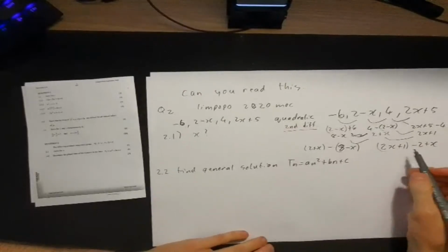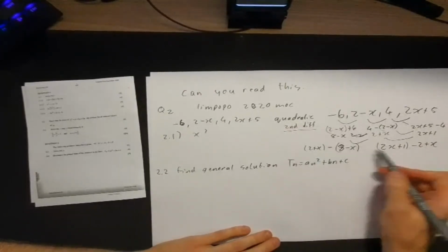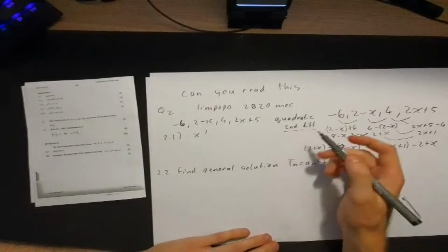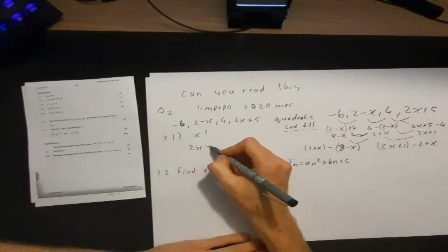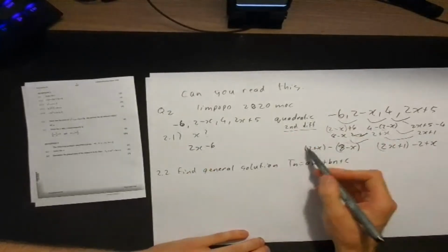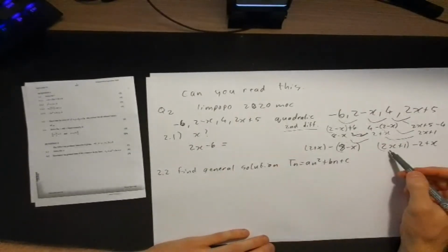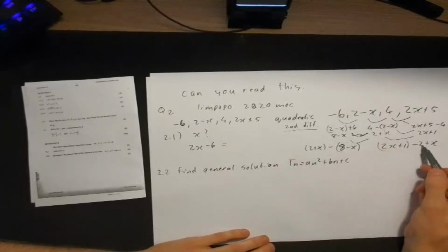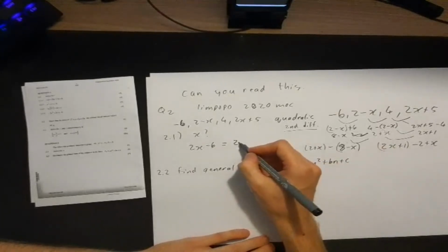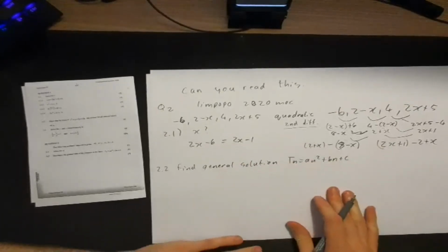Remember, these two differences need to be equal to each other. So you're going to end up with 2x minus 6 if you sort this out, and that's going to be equal to 2x minus 1 for the other.